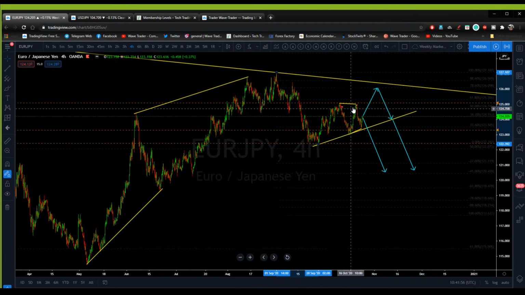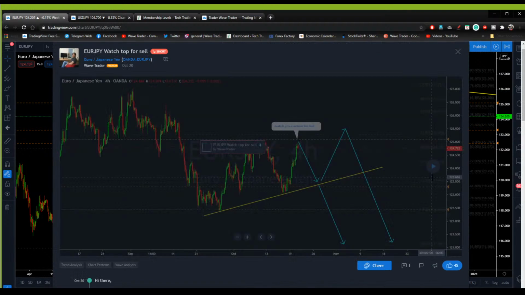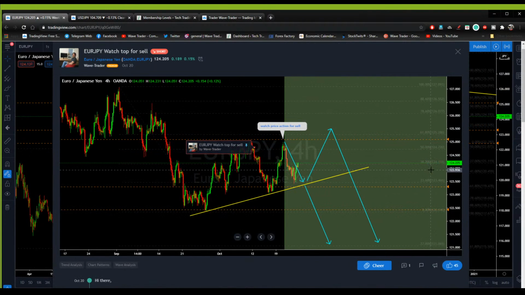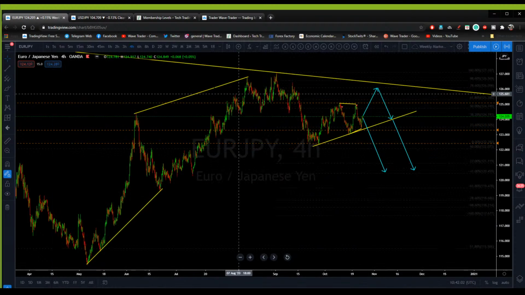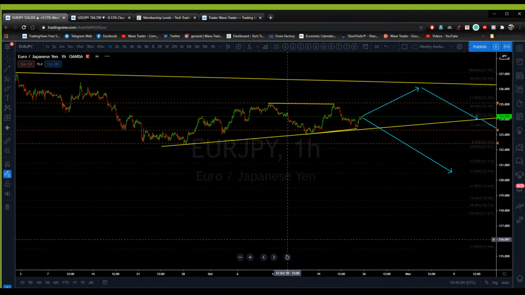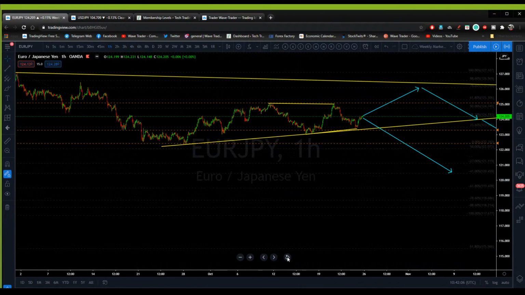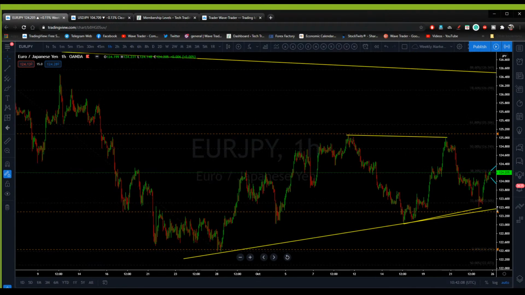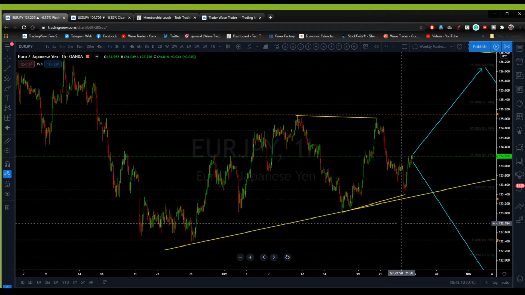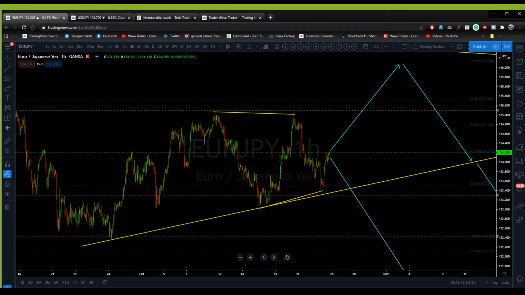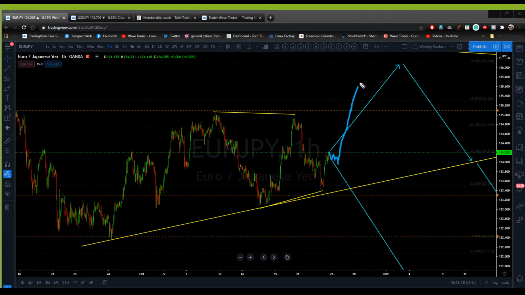Same analysis as the previous one. If I look at this chart, it went lower, tagging the trend line, and it can go back up or continue to keep dragging lower. So this is not the best place to sell at the moment on euro yen. It may correct and go back up to this top or slightly higher, and then give us that trade.